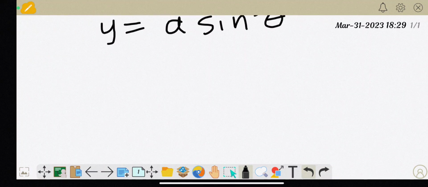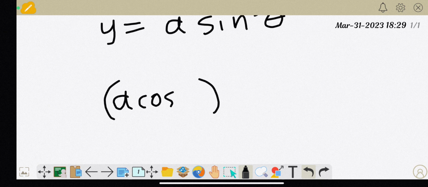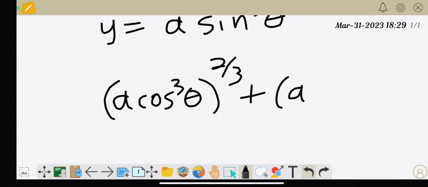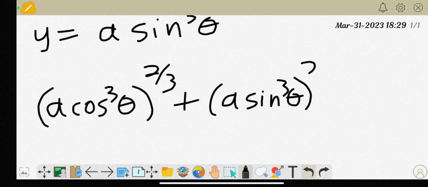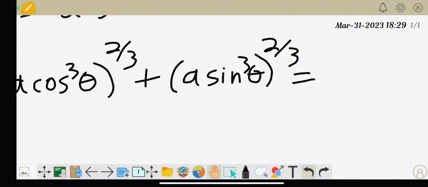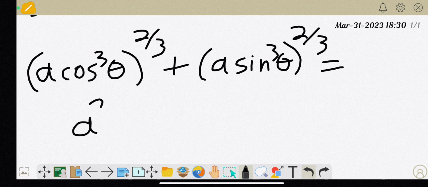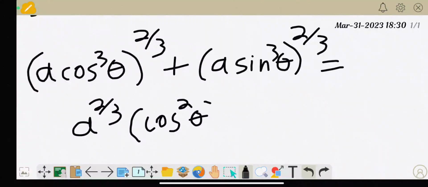So let's substitute into the equation. In place of x, I substitute a cos cube theta to the power 2 by 3, plus a sine cube theta to the power 2 by 3, is equal to a to the power 2 by 3. If I solve this, the 3 will cancel, giving a to the power 2 by 3 into cos square theta plus a to the power 2 by 3 into sin square theta.